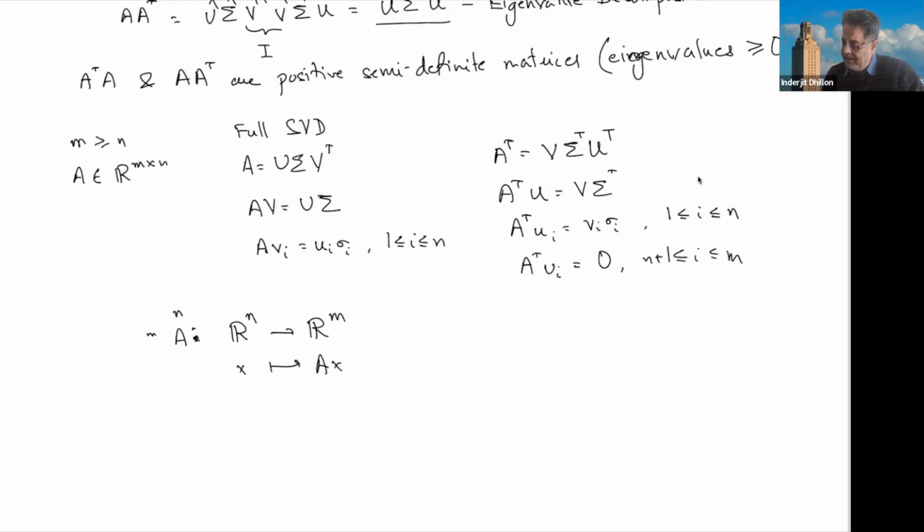Now what is A? If I know the SVD of A, this is U sigma V transpose times x. So now I can break A times x into three parts, actually. I can first say it's V transpose times x, and the result is then transformed by sigma, which is then transformed by U.